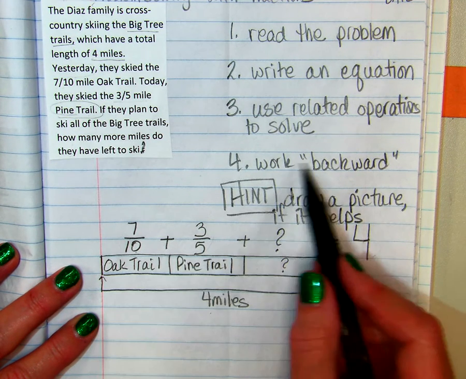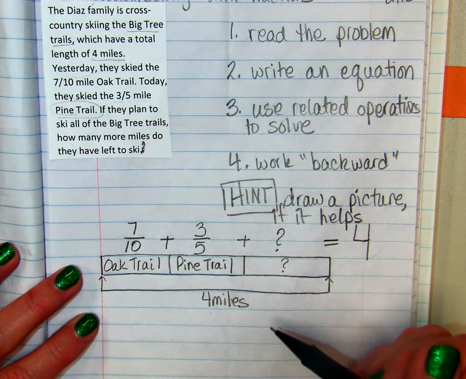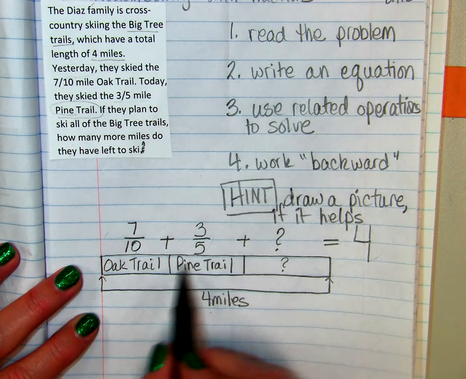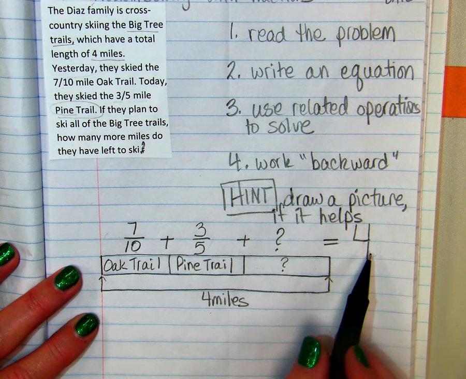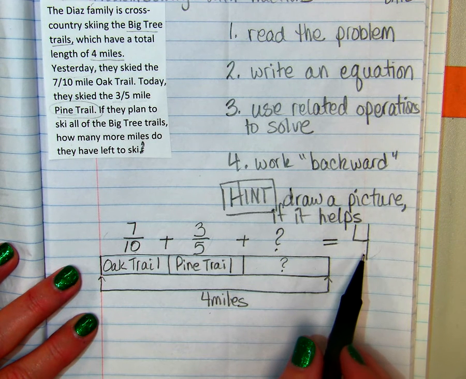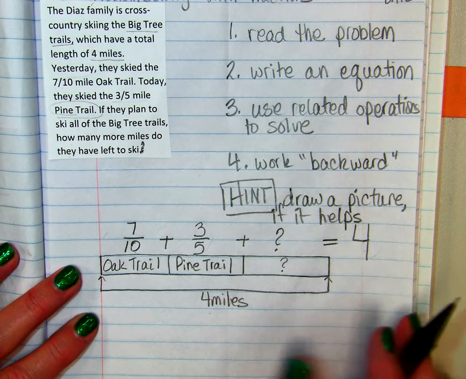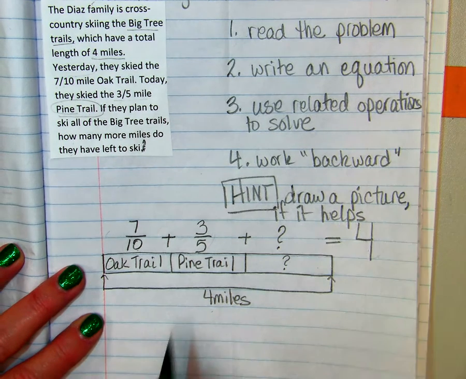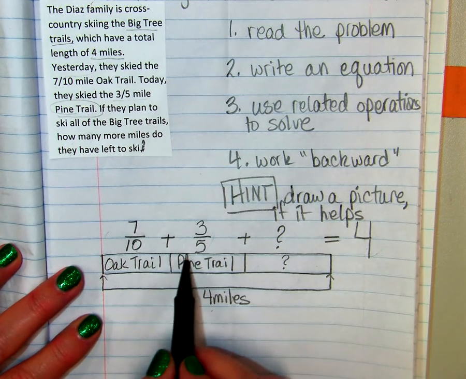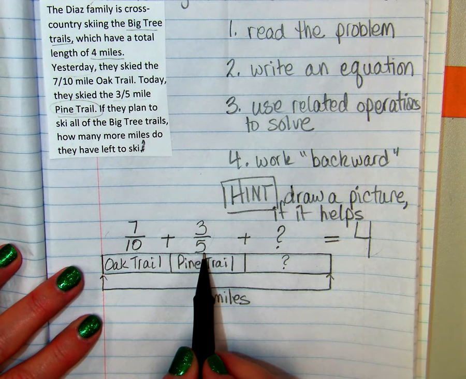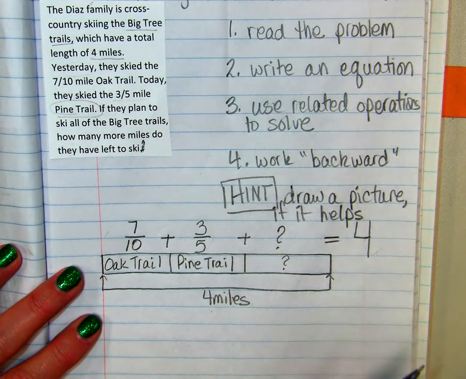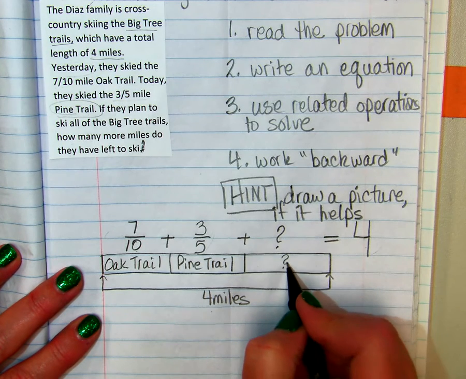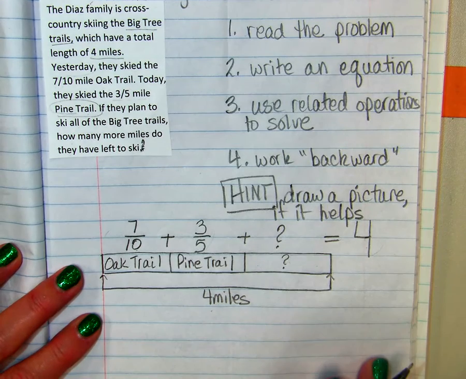That's working backwards. Or you can combine these two, which is what I'm going to do right now, and subtract 1 time from 4 miles. Okay? So I am going to choose to combine these two amounts, these two fractions, and subtract once from my 4 miles. And that will tell me how many more miles they have left to ski.